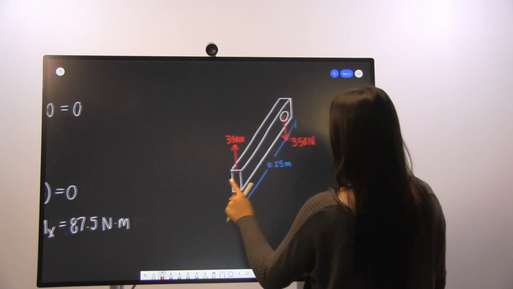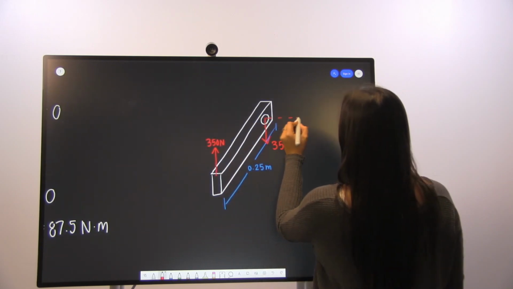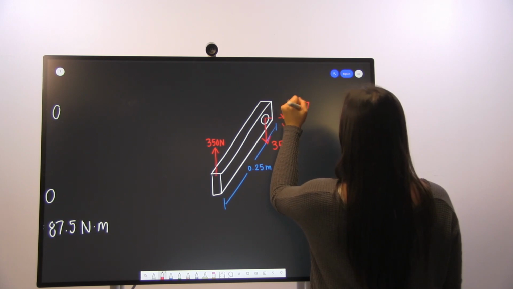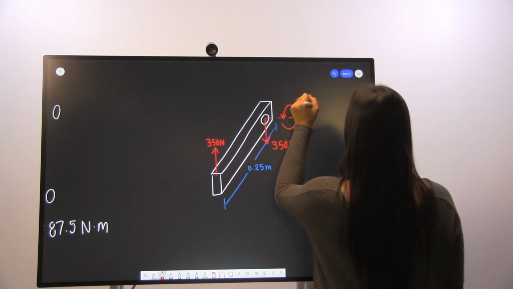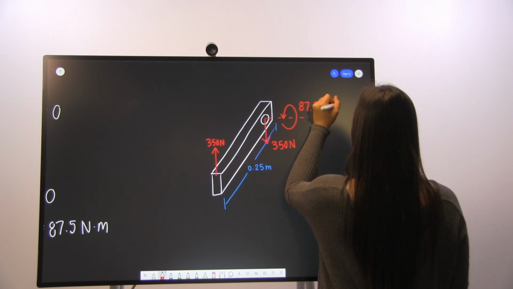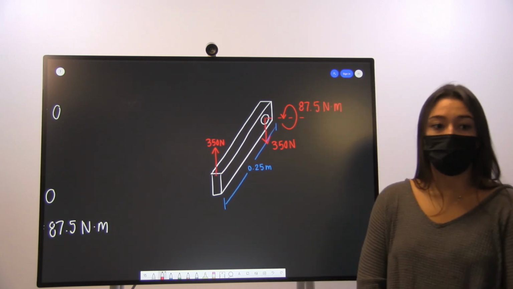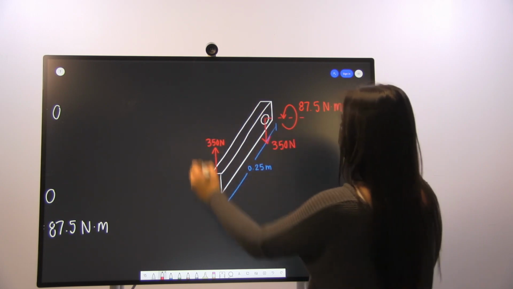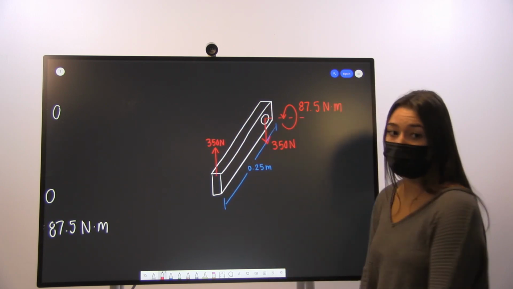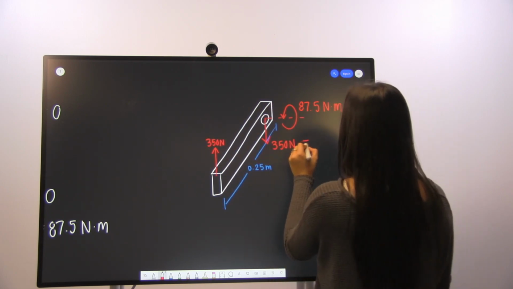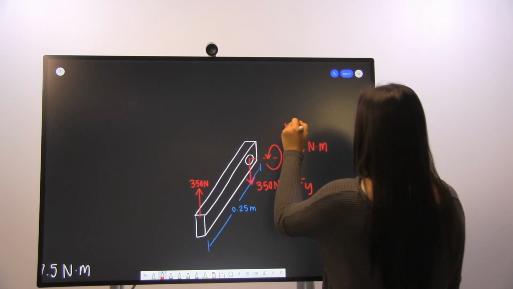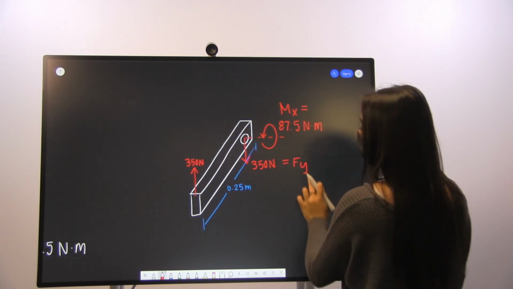So about this x-axis, we have 87.5 Newton meters. And that is our final solution for all of the forces and moments acting at point B. So just to recap, we had our force in y, and then we had our moment about x.